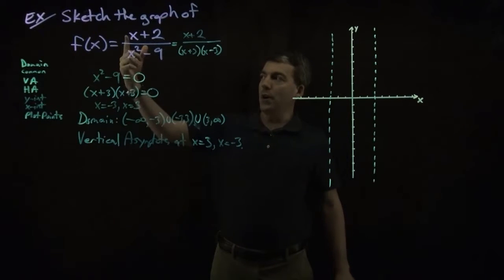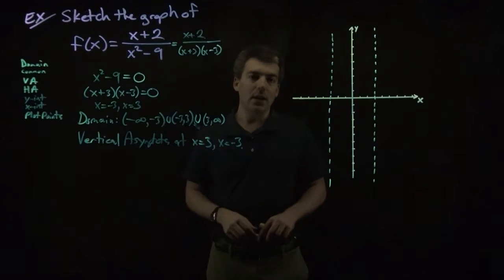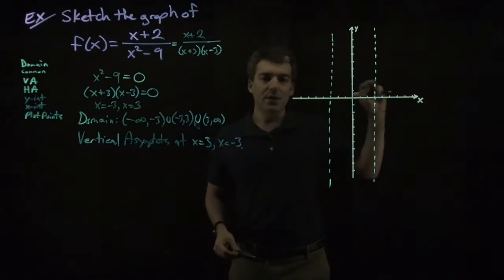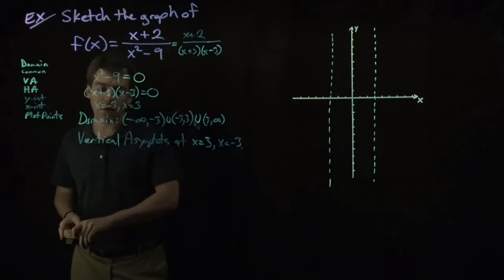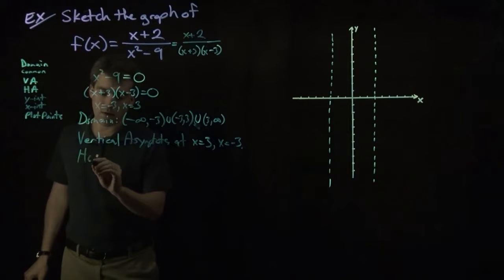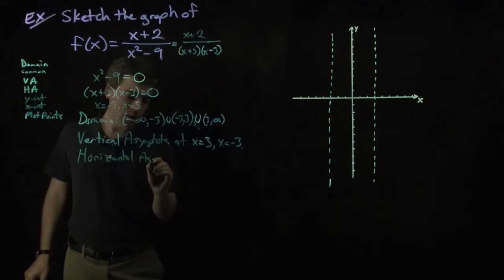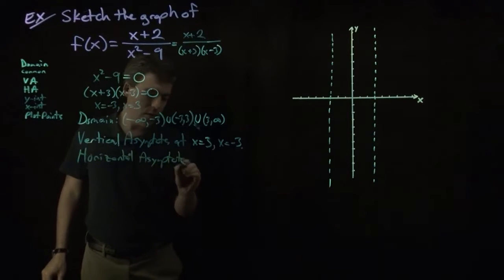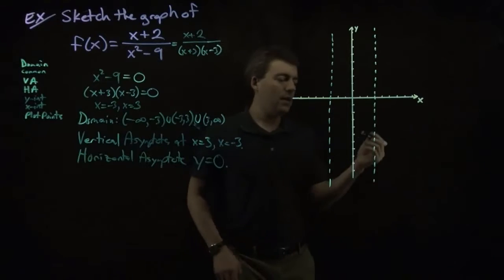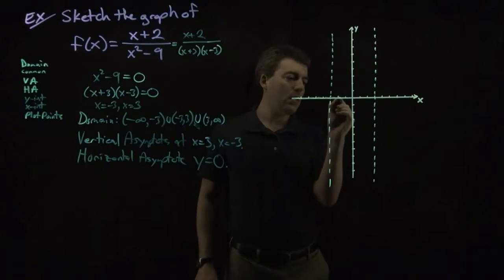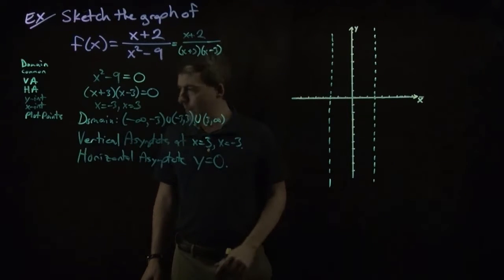So the degree of the numerator is less than the degree of the denominator, which means the x-axis, the line y equals 0, is a horizontal asymptote. And we can go ahead and sketch that on there as well.